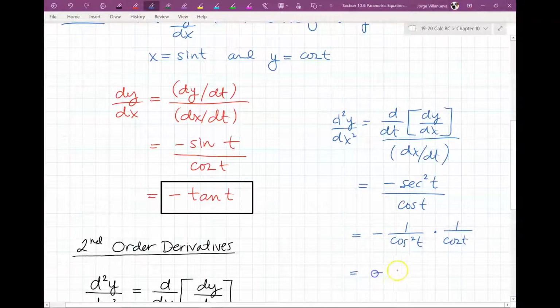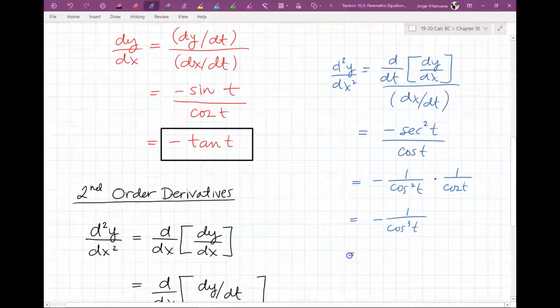So I guess you could simplify it as 1 over cosine cubed t, which would be negative secant cubed of t, and that would be your complete answer once you simplify it. Okay, but it's not as hard as it looks to take the second derivative. Just get your answer for your first, take a derivative of that again with respect to t, then divide by dx/dt.